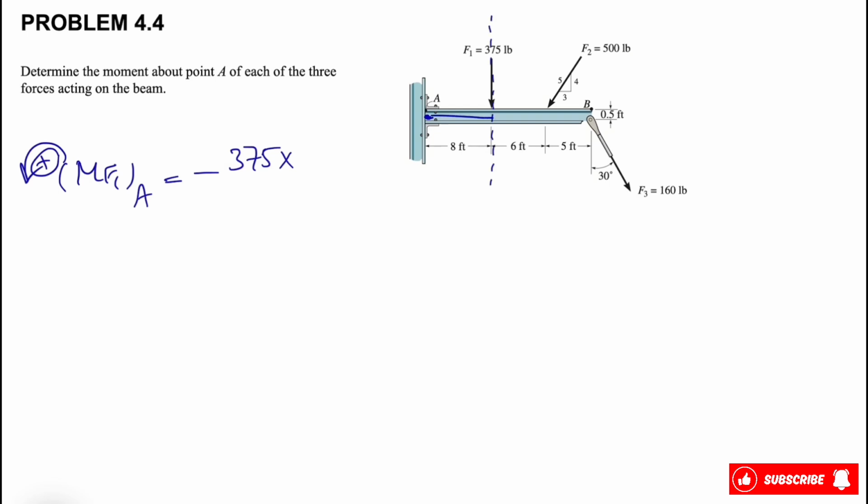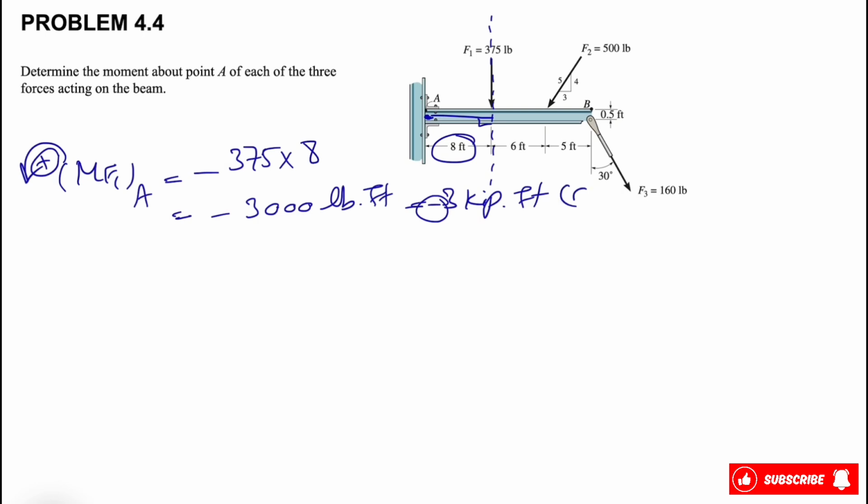And the vertical distance is this distance, or 8 feet. If we calculate this, we'll get minus 3,000 pound-foot. And we know 1,000 pounds is 1 kip, so this will be 3 kip. And this negative sign shows the moment is clockwise, or we can just write clockwise in front of it. So that was the first one.